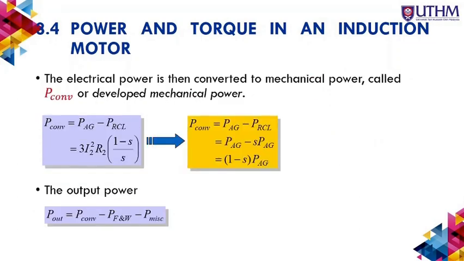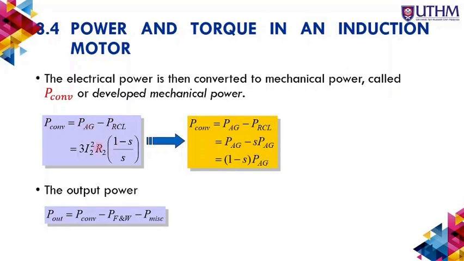Okay, so the electric power is converted to mechanical power called a converted power or developed mechanical power. So kita tengok tadi, kita pun dah dapat kan relationship dua tadi, PAG dengan rotor copper losses. Okay, so kita tolakkan je lah. So of course air gap ni lebih besar lah daripada copper losses ni.